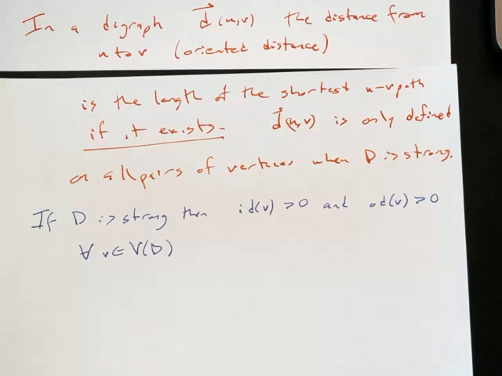But if I can get there from U to V, there's got to be a shortest way to get there. There might only be one way to get there, but there's got to be a shortest way. This sounds awfully familiar.